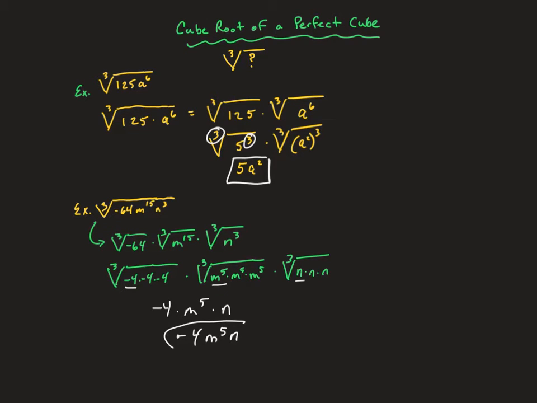So there is my cube root of our original expression. So just working these through and getting a little bit of practice. We were looking for those multiples of 3 for perfect cubes.